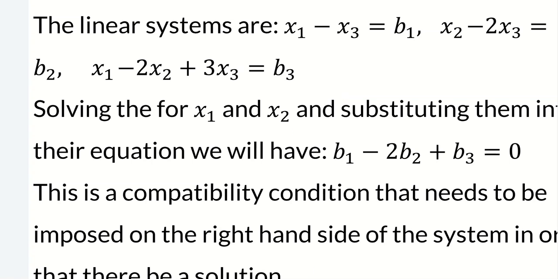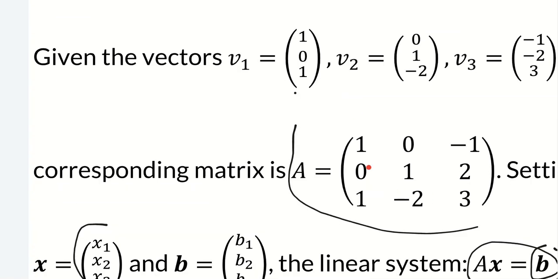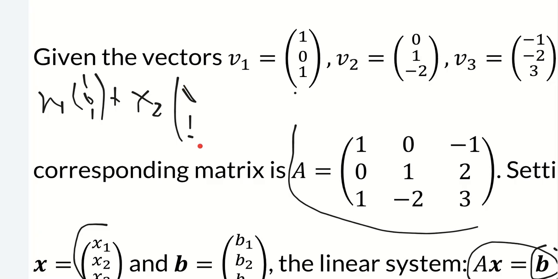So we can form a system of linear equations where we multiply x1 by this, then we also have x2 by 0, 1, negative 2, then also do that for x3, by negative 1, 2, 3, right?